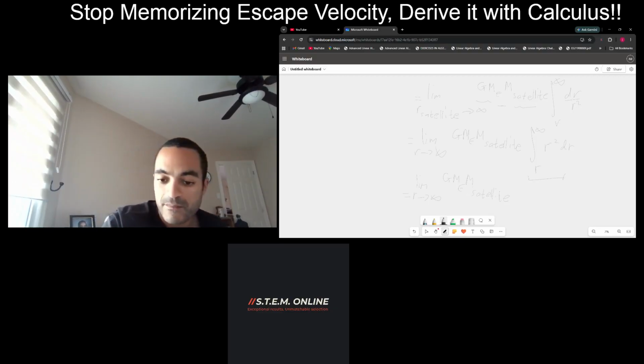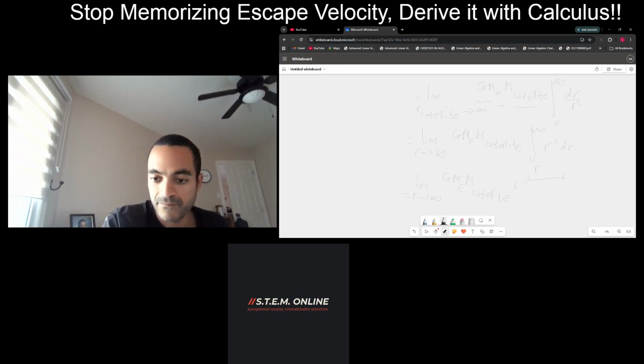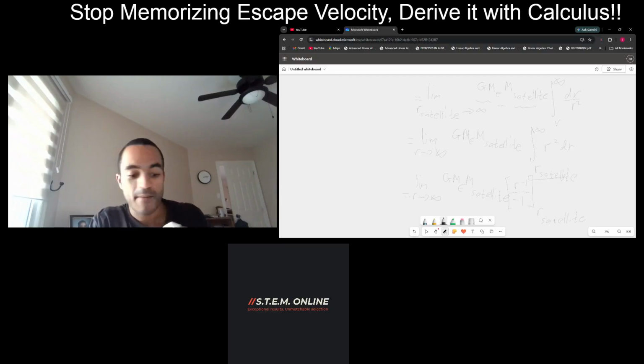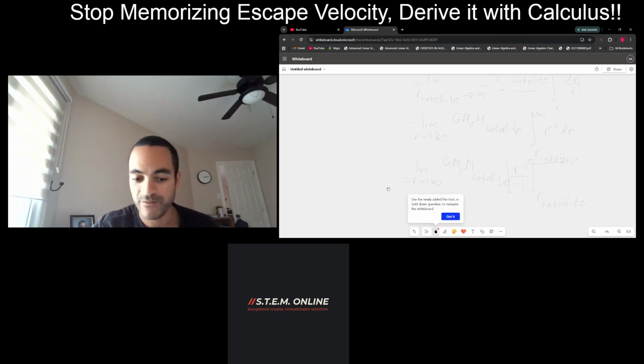Integrating this part now becomes r to the -1 over -1, and we have limits of integration from r satellite. By the way, I didn't put it down because I was lazy. A good mathematician is one that is lazy. Remember that. Well, it's not true, but in terms of the acronyms, instead of doing every single step here.